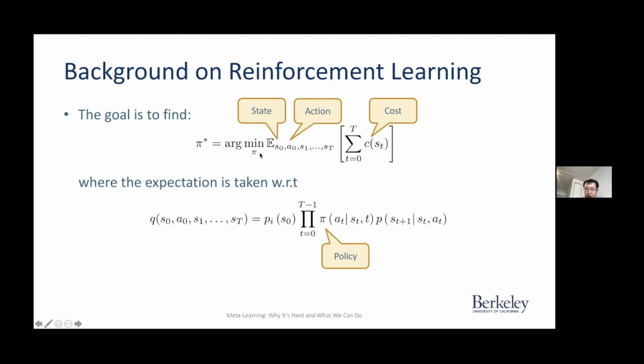We're taking an expectation with respect to the joint distribution over all these things. The pi here is the policy. The policy is this conditional distribution that tells you what to do at time step t, given the current state, what your action should be.